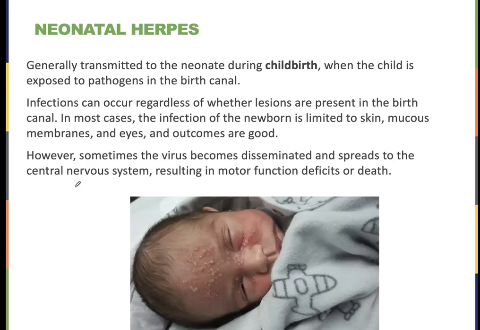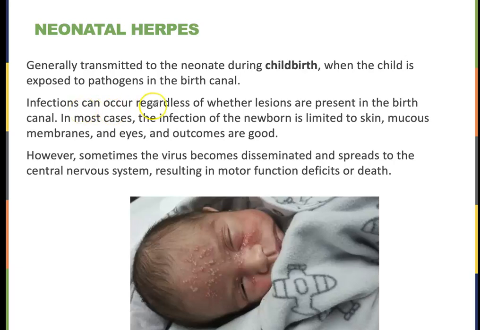So here's neonatal herpes. Neonatal herpes is transmitted to the child during childbirth, and the child's exposed to the virus in the birth canal. And the thing about herpes is that even though you might not have a visible sore or a vesicle, the virus can be under the skin, and you can still infect someone even though there's no lesion.